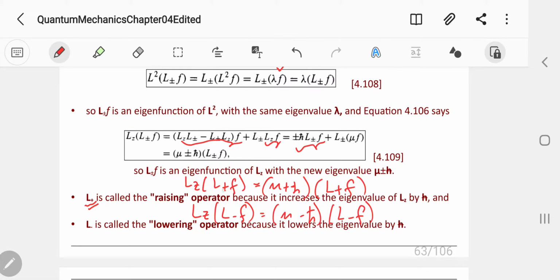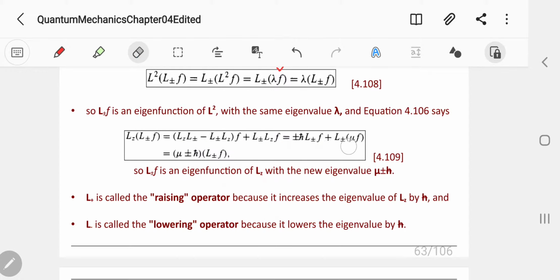This is not an operator plus, this is a subscript plus and subscript minus. Sorry, I have very little space. L plus is called the raising operator because it increases the eigenvalue of Lz by h bar. And L minus is called the lowering operator because it lowers the eigenvalue by h bar.